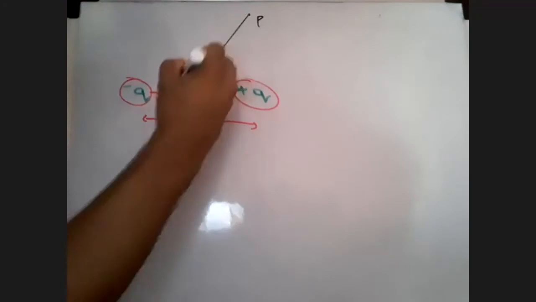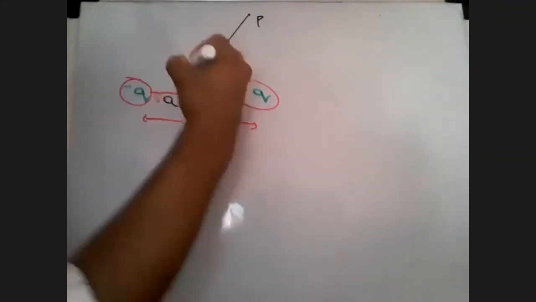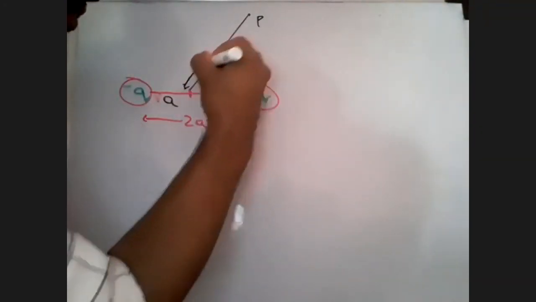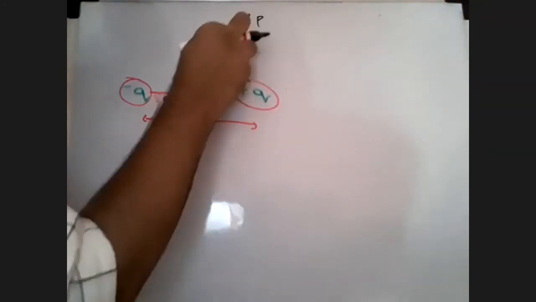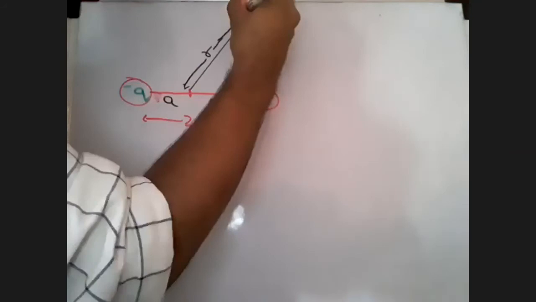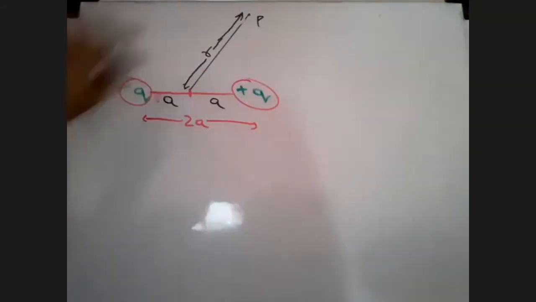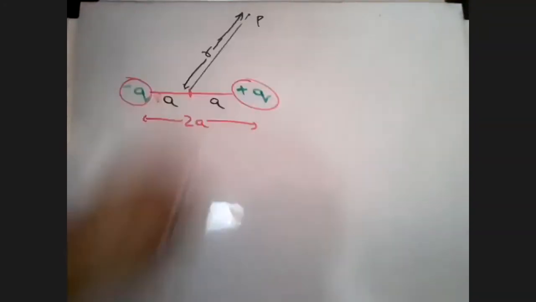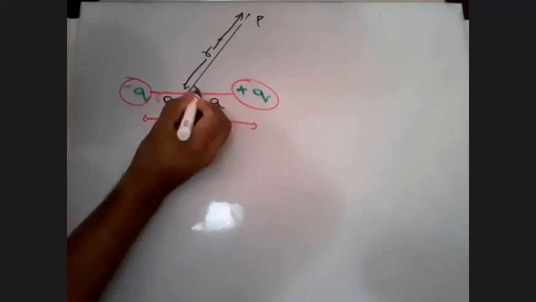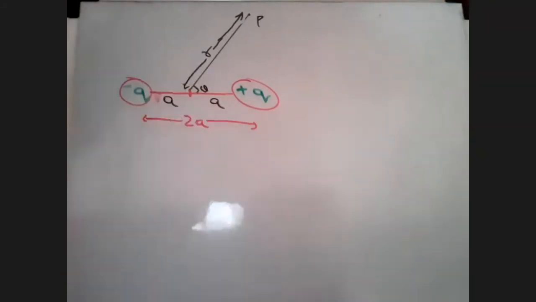This entire black thing is r. And I want to find out the potential at this point P. Let's say this is at an angle theta as well.